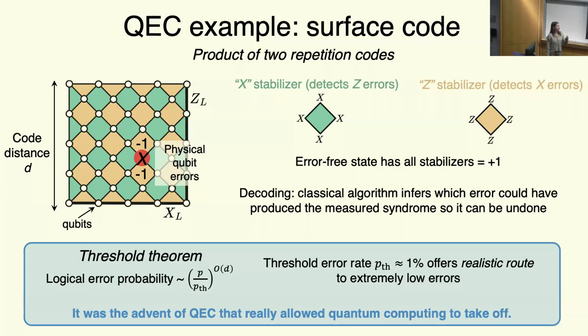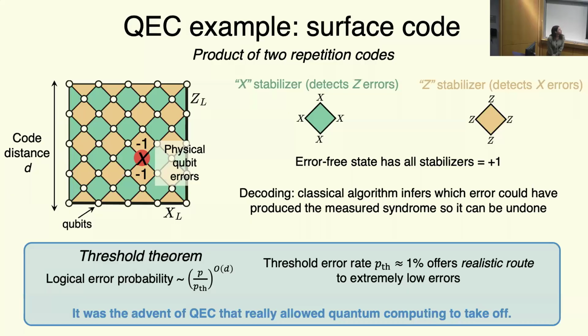But there are kind of two things. One is if your decoder is not fast enough to keep up with the computation, your quantum computer is going to have to wait until the classical algorithm figures out what's going on. And that's a huge issue because quantum computers get noisy really fast. So you need a fast algorithm, basically. Does that make sense?